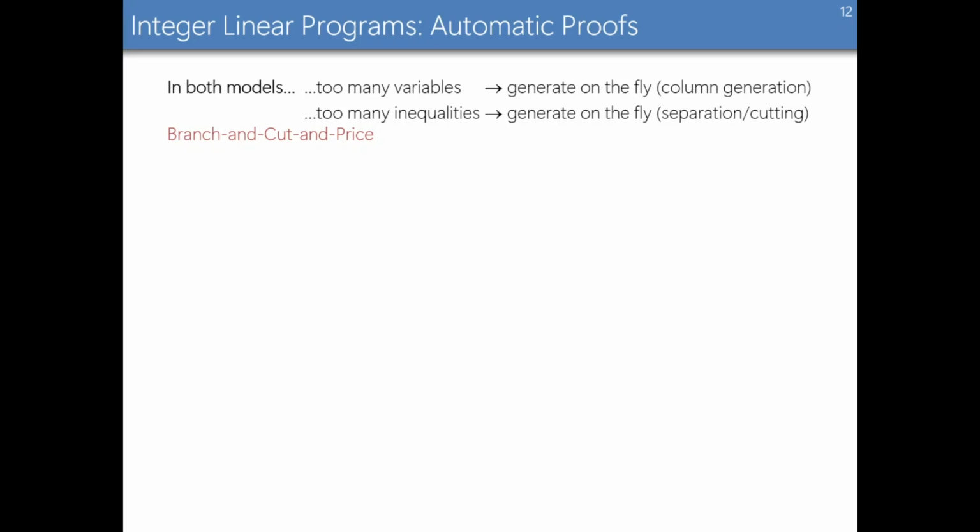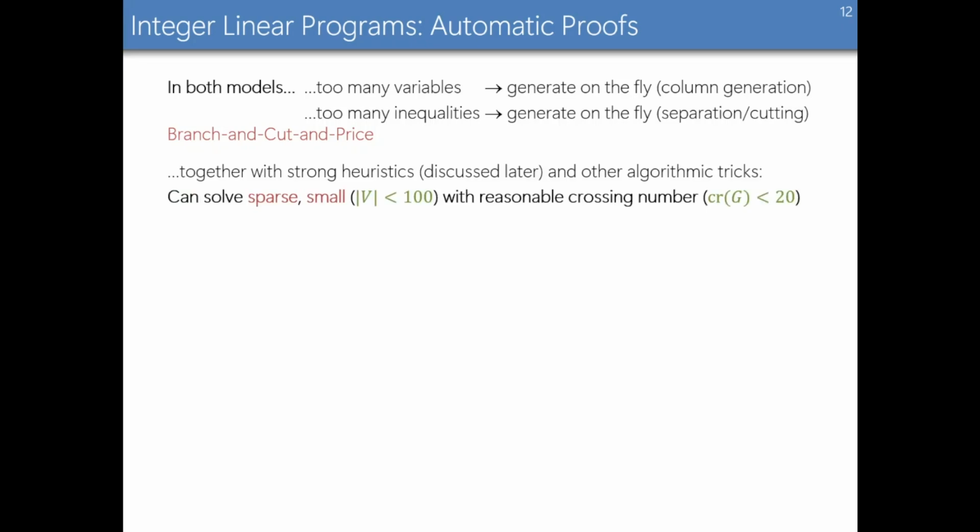Independent of which route you take, in both cases you have too many constraints to easily solve it because you have to do something for every Kuratowski subdivision, and you have too many variables to do anything reasonable about it. So you need to generate both variables and constraints on the fly in order to solve it. So you need a branch and cut and price framework, which is very nasty. But it works in practice together with strong heuristics, as we will see later on, and some other algorithmic tricks.